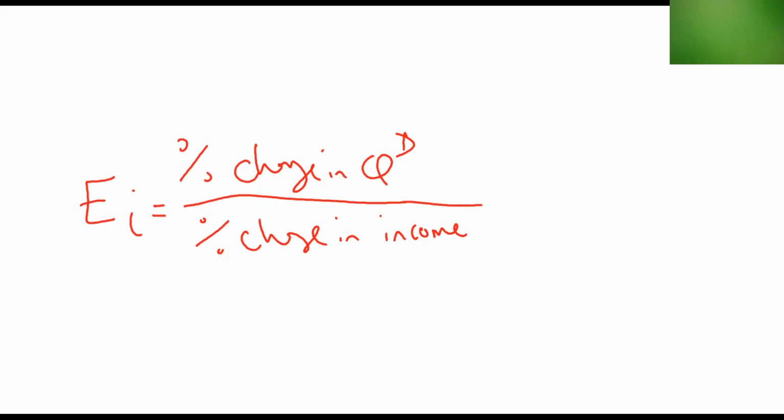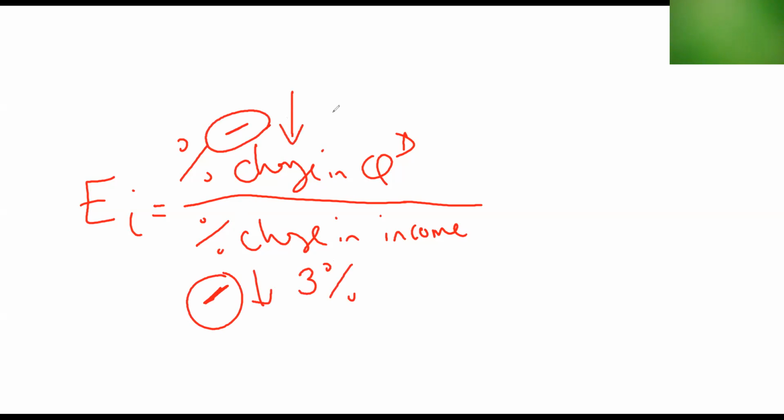And in the question that I just showed you, there is a 3% decline in income. So a decline means that the sign here for my change in income is negative. Same thing also happening here for your quantity. Your quantity also is going down by 1%.